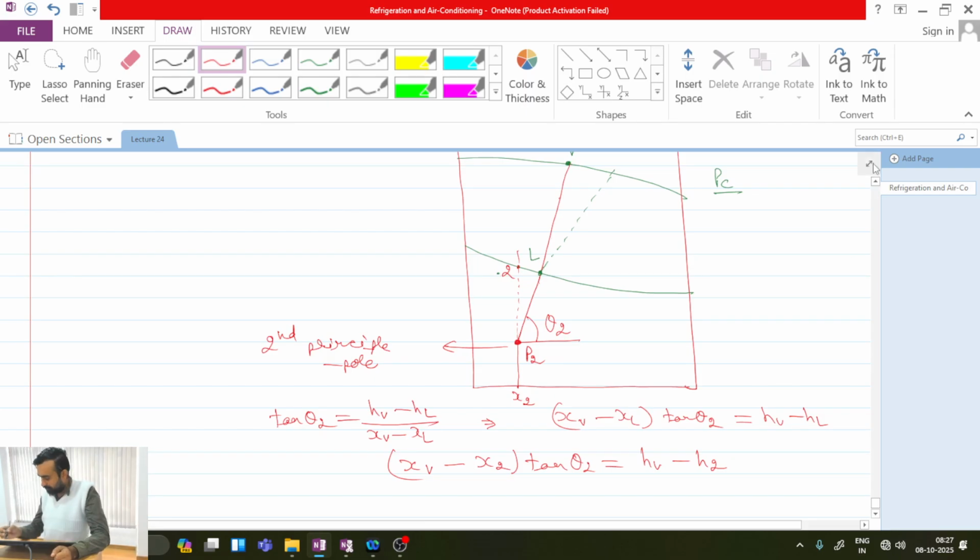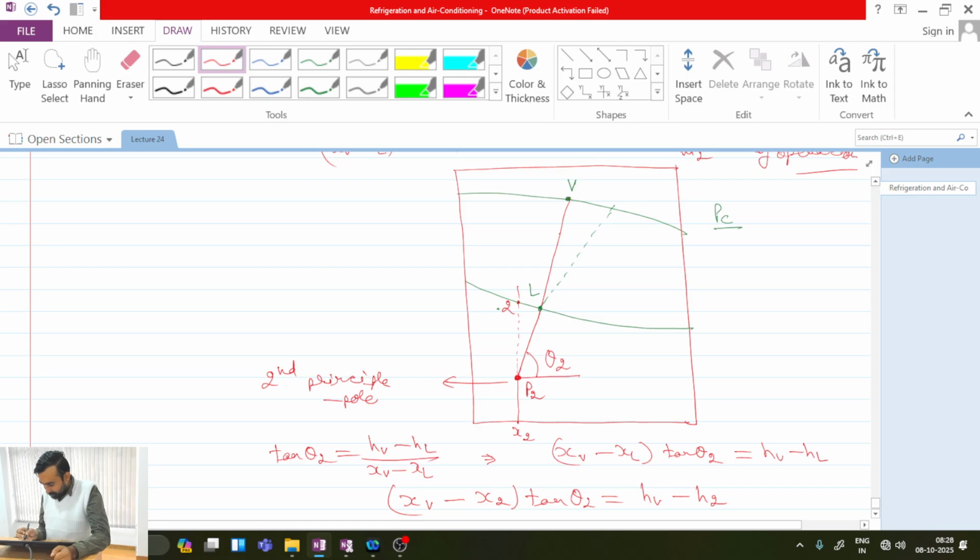Correct? No, why plus Q2? You see, this distance is XV minus X2. This is the base, and this is the perpendicular. So what will be the perpendicular? Simply base into tan theta, so that is HV minus H2.